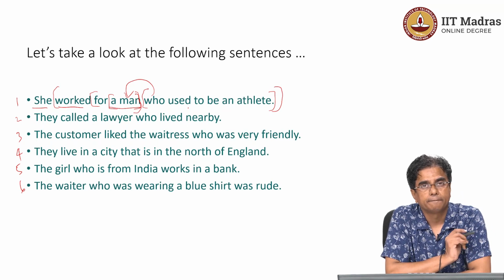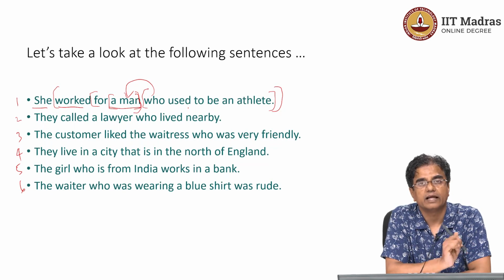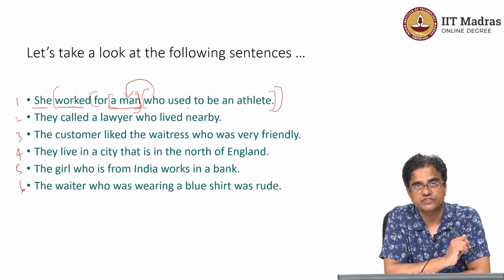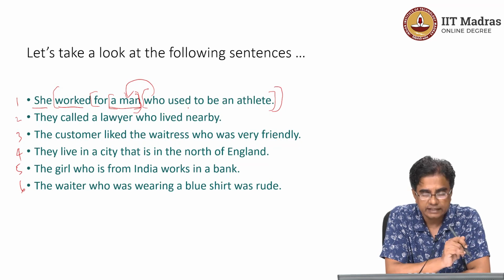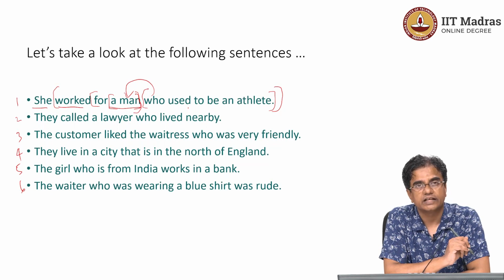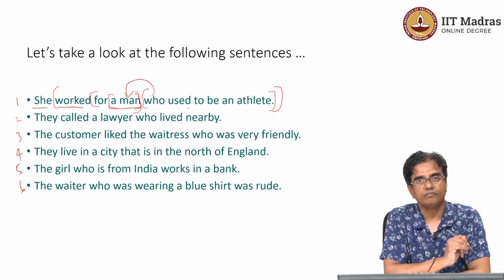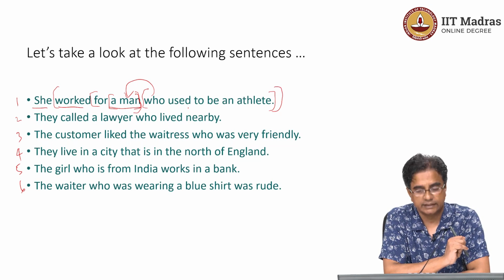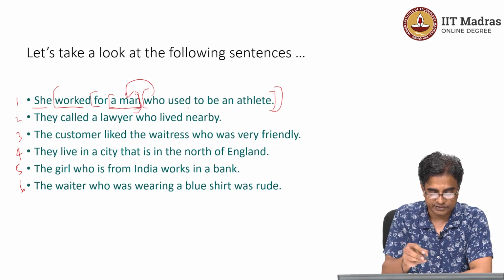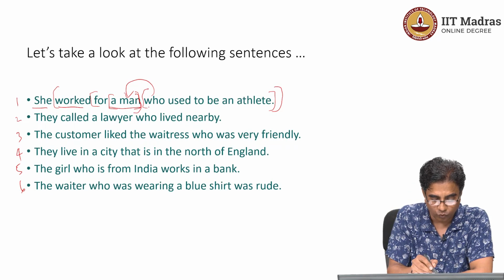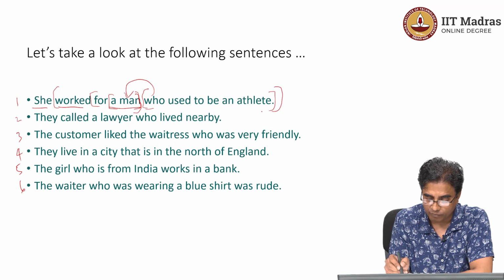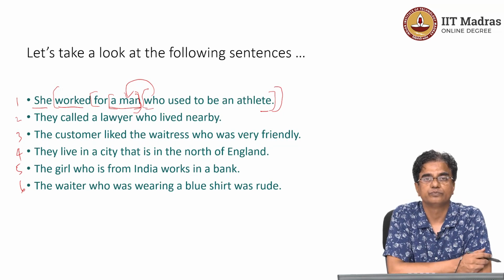So, with this example and the other examples that you have seen so far, what we can conclude is that the function of a relative clause is to give us additional information about a noun, which is why we say that this whole clause is modifying this noun.